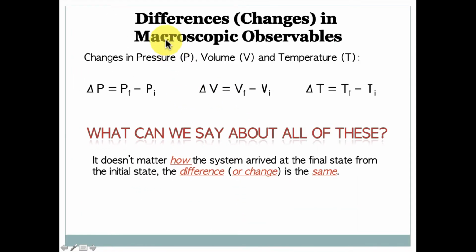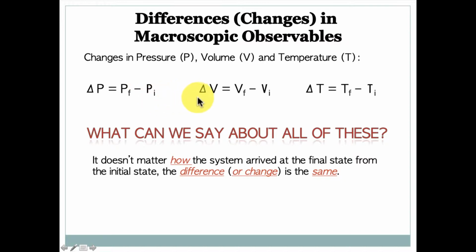Now, let's look at some of these differences or changes in macroscopic observables. I'm using pressure, volume, and temperature as an example. First we have delta P, the change in pressure, which is equal to the pressure at final minus the pressure at initial.